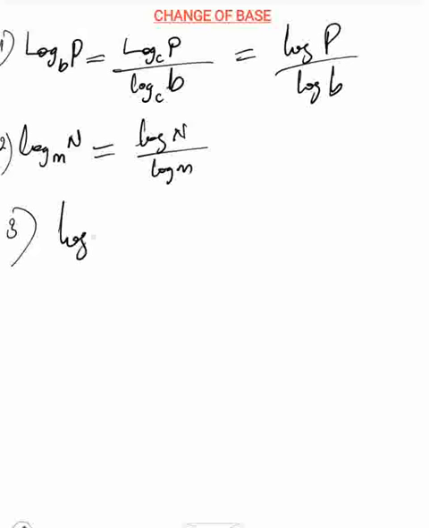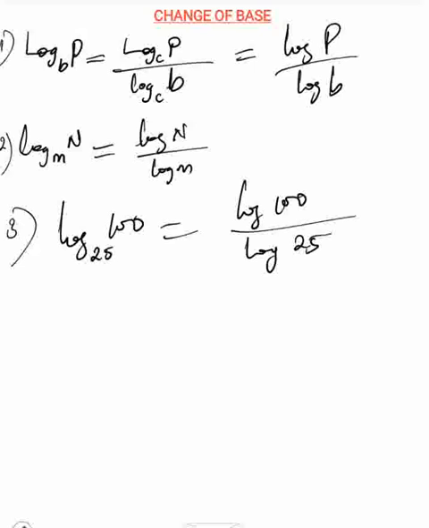If we have log 100 to base 25, it is the same thing as log of 100 over log of 25. We have the change of base. You can change the base to p. That is your own. Anyhow you want to manipulate the base, you can manipulate, but let it be of the same base.